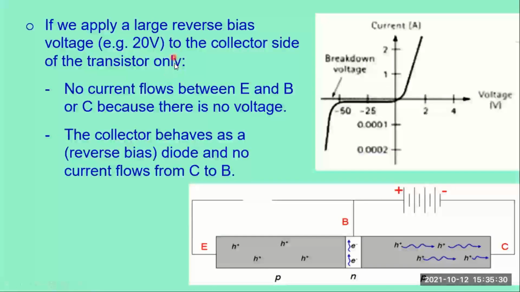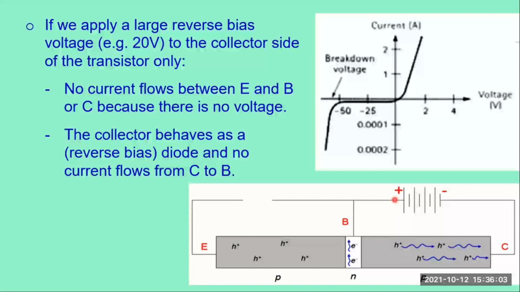So we can now also consider the case where we apply a large reverse bias voltage, for example, 20 volts, to the collector side. So across the collector side of the transistor only, we have no voltage across the emitter side. So EB has no voltage across it, while we have that voltage across the collector side.